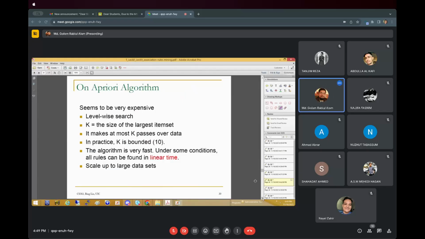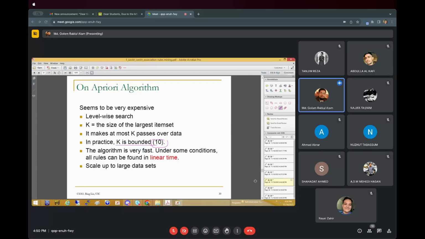One thing in practice is that K is bound to 10. K is the size of the item set. It can be a 100 item set, it can be a 1000 item set, but it is better to keep K equal to 10.